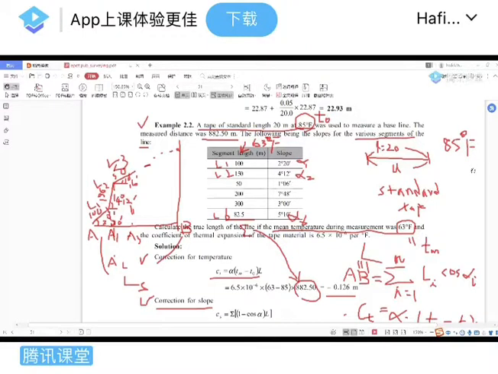So of course it turns out to be a longer one in your tab, but in the standard one it's supposed to be shorter. So you have to deduct something from 100. That something is called temperature correction. You have to correct this 100 under this temperature first. So after this correction, 100 minus CT.